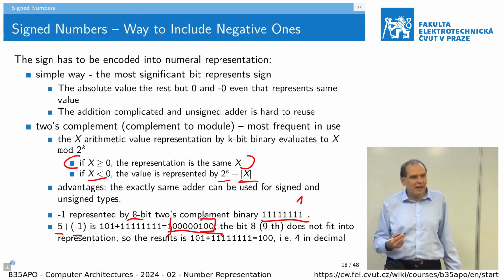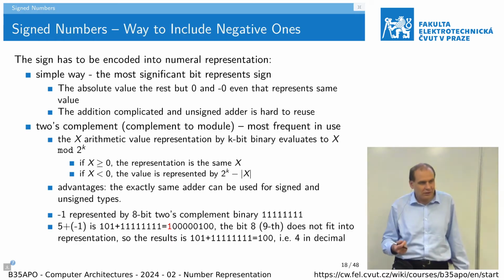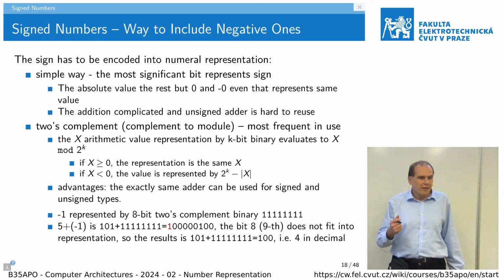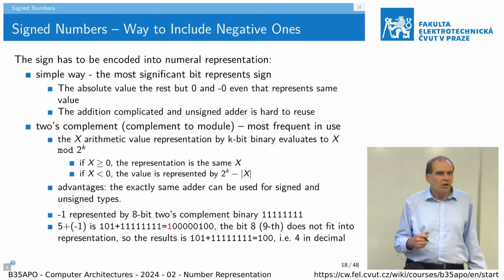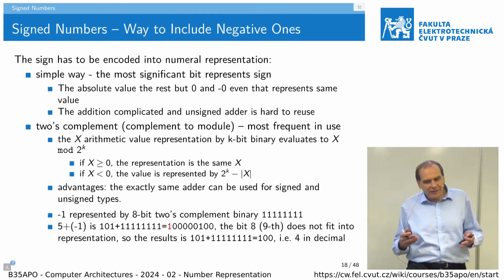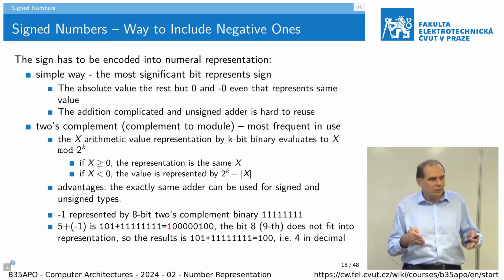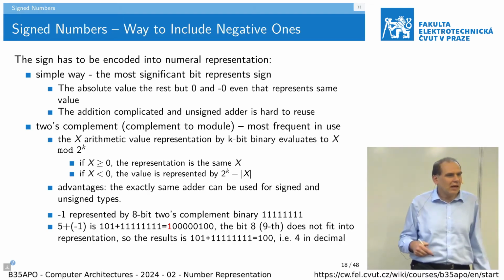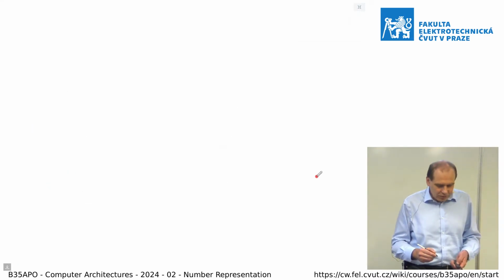So again it works, so we can use exactly the same circuit for signed and unsigned operations. There are only different glasses for how we look at the value, but the actual hardware can be exactly the same, which is what is used in most processors.